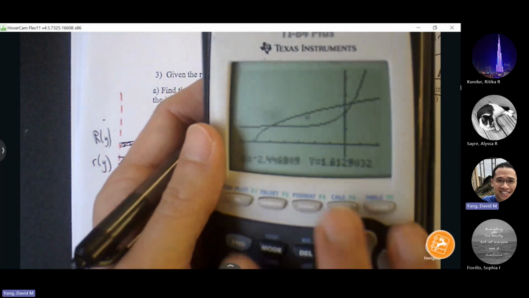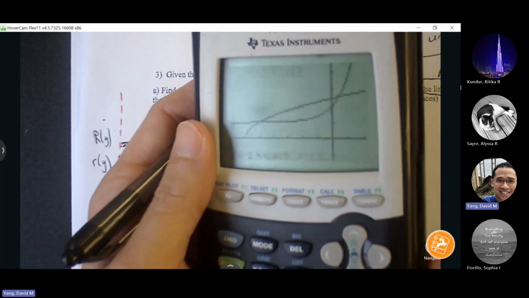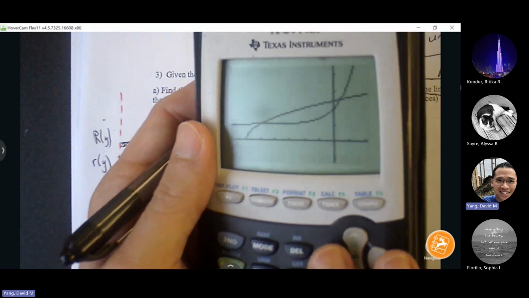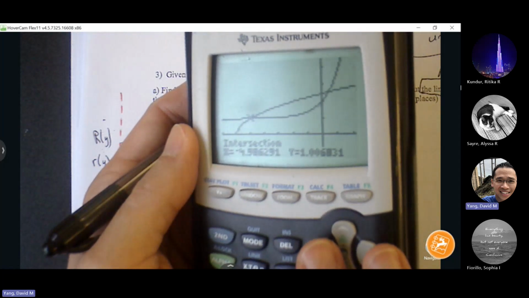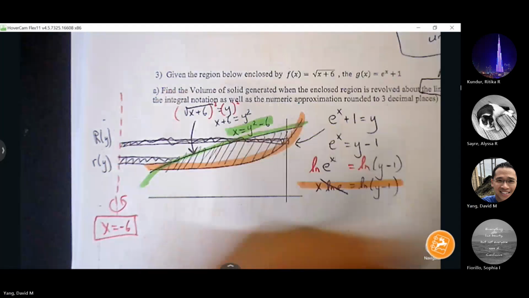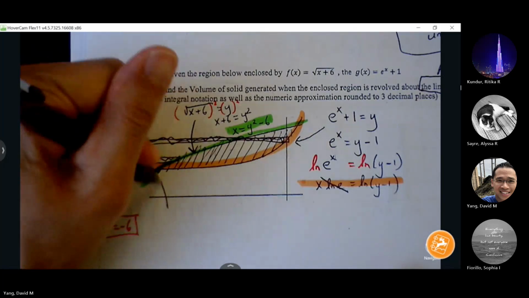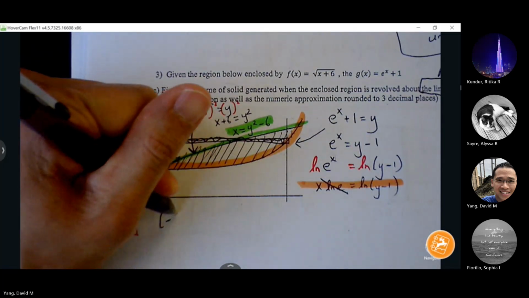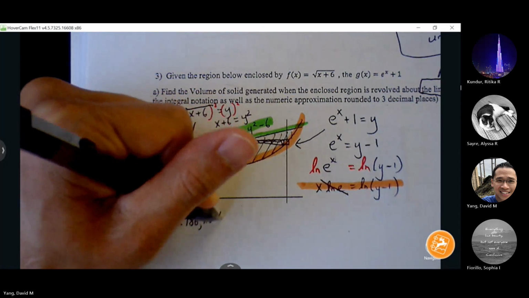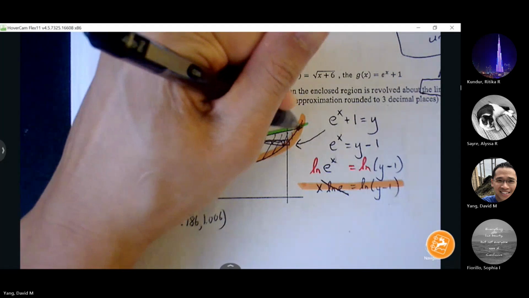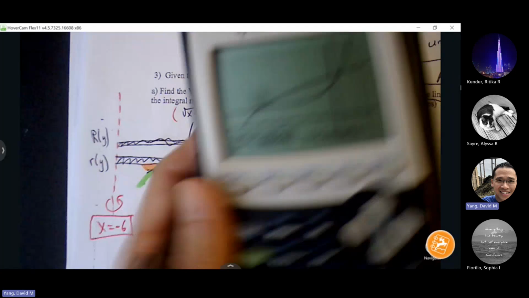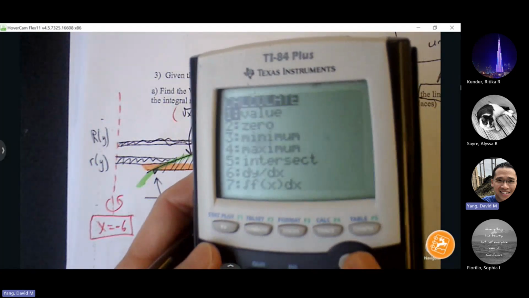Okay. Second trace, intersect. I'll do the intersection of the left intersection first. Negative 4.986 and 1.006. Okay, second intersection, second trace, intersect.